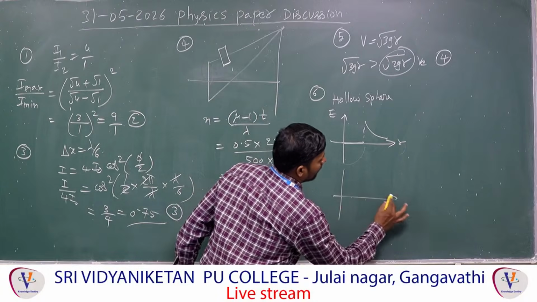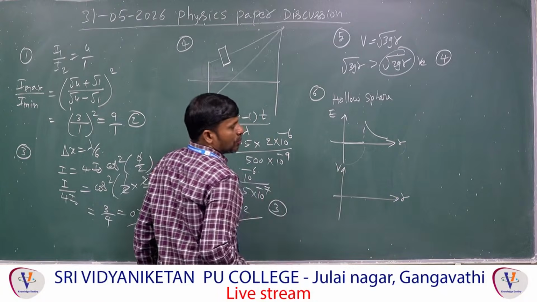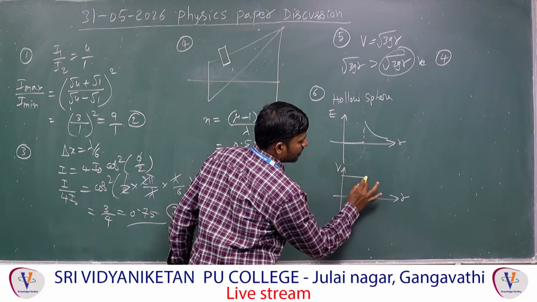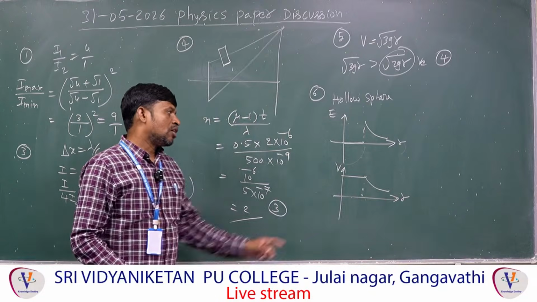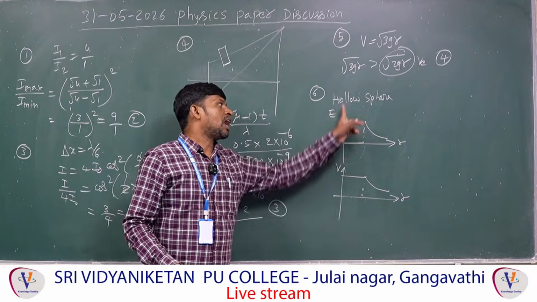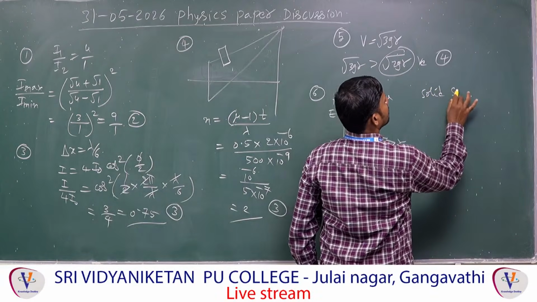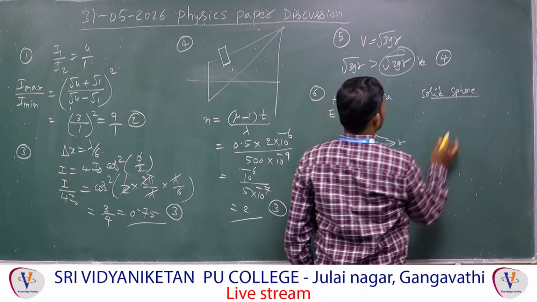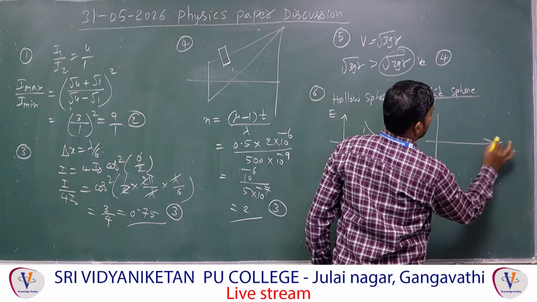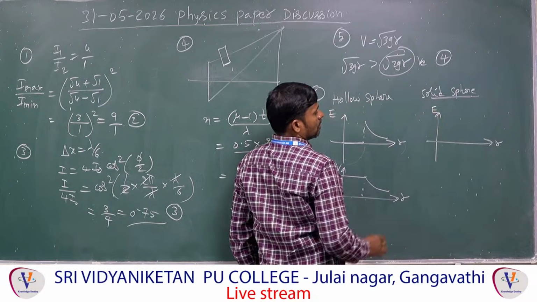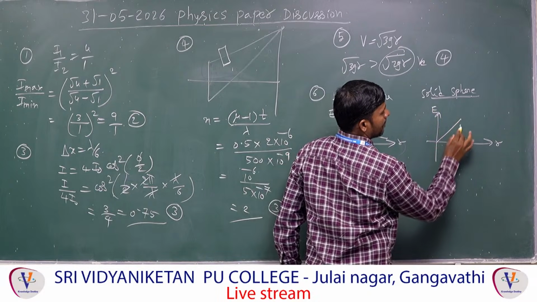For the potential, the graph is like this. This is the potential graph for the hollow sphere. Now the solid sphere: R and E, what is the graph shape?